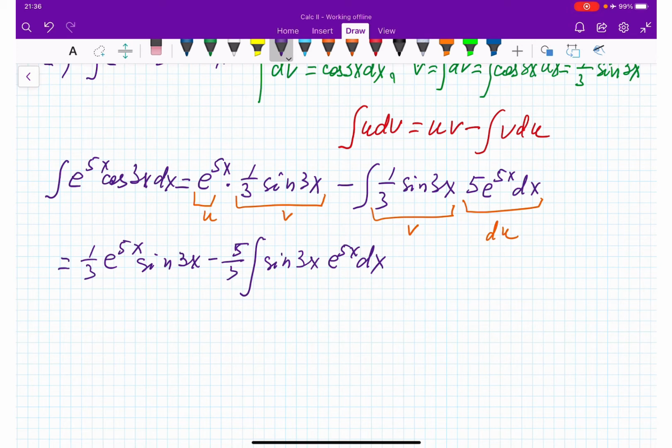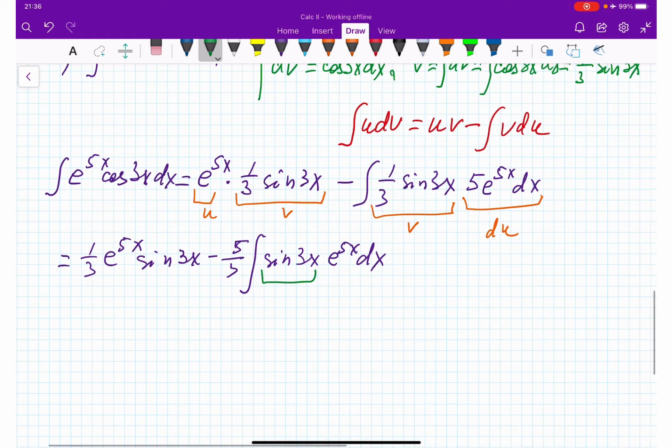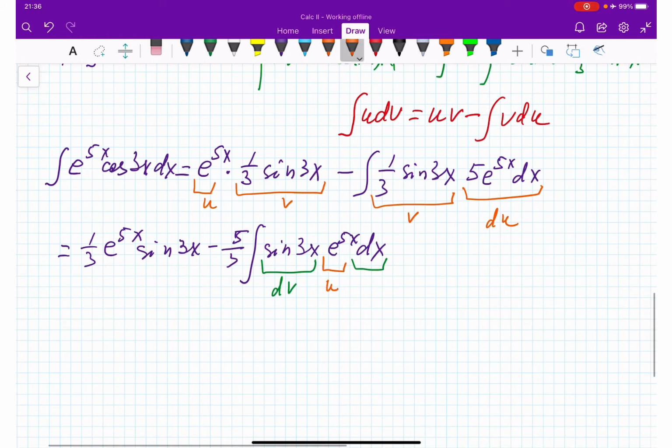So what do we have? Sine 3x dx is going to be our dv, and e to power 5x is going to be our u here.